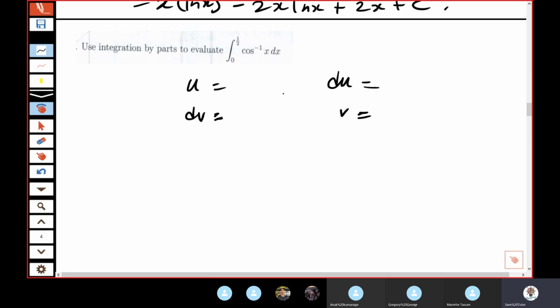You know you can't integrate inverse cos, right? So of course it's just going to go up here as u. And then the derivative of that is negative 1 on square root 1 minus x squared dx. And then dv is just dx, and then v is just x. No one's going to give it a shot.